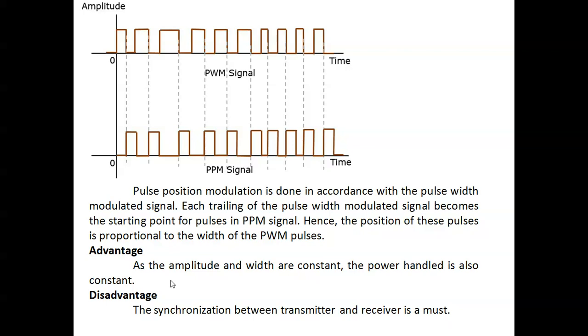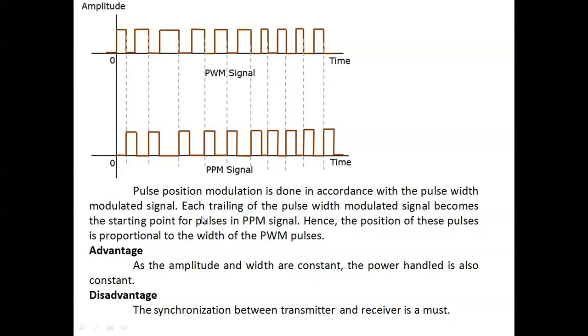There is an input signal. As I just said, the carrier pulse position varies in accordance with the instantaneous amplitude of the message signal. Based on this amplitude, the position of the carrier varies.